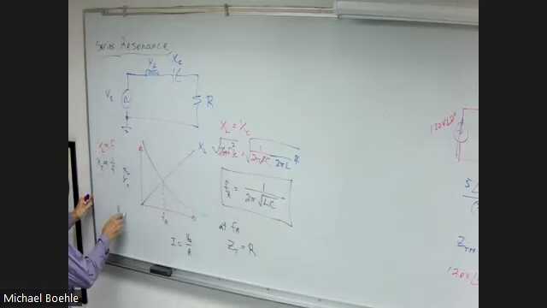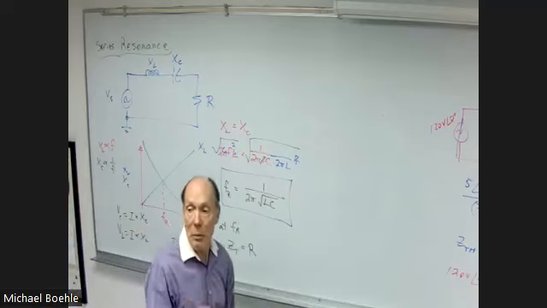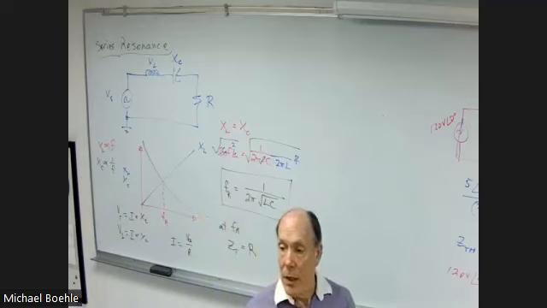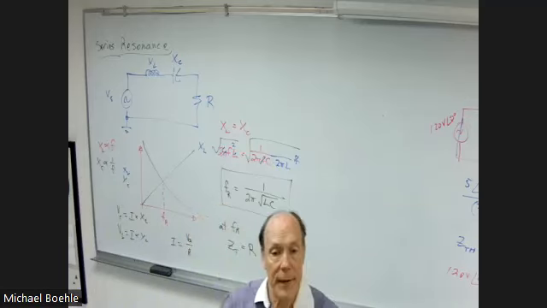So the voltage across the capacitor will be whatever that current is times capacitive reactance. Likewise, voltage across the inductor will be whatever that current is times the inductive reactance. There will be voltage.